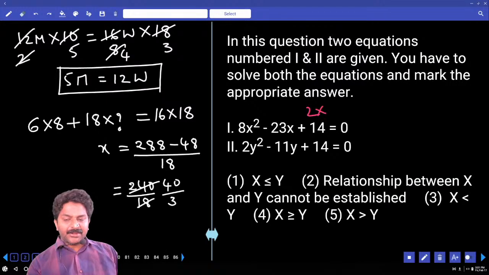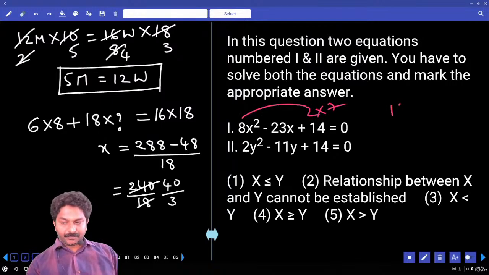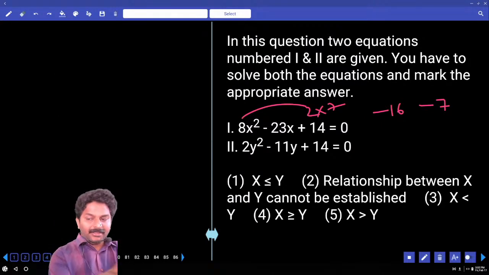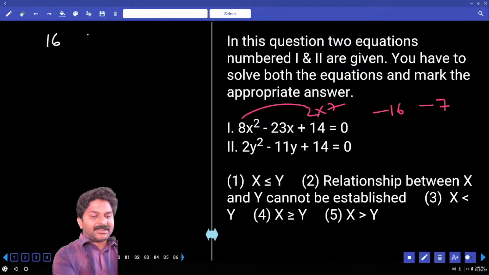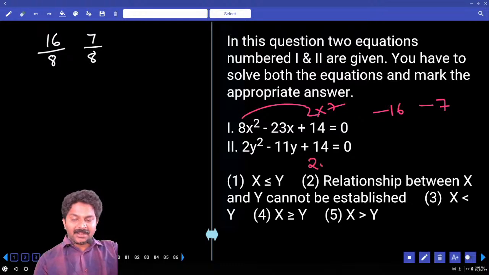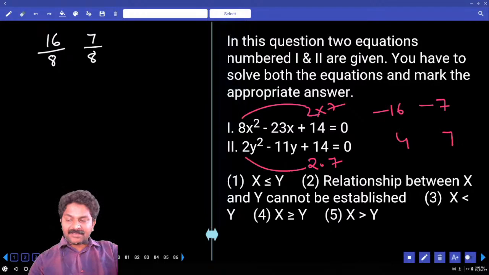We'll write it as 7 into 2 into 7. 8 2s, 16, 7. Minus 16, minus 7 is minus 23. Factors are plus 16, plus 7, divided by 8. Here also I will write it as 2 into 7. 2 into 2, 4, 7.